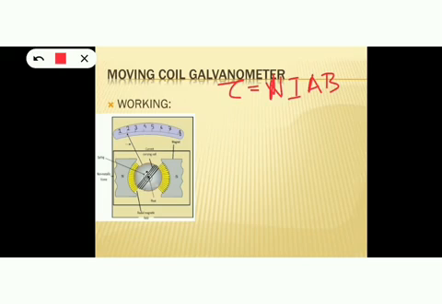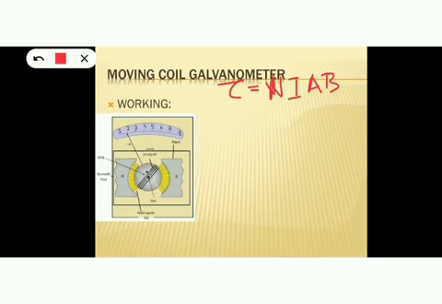Next, whenever current flows through the coil, a torque is experienced, and you know one end of the coil is attached to a spring. That spring provides a counter torque or a restoring torque that balances this magnetic torque NIAB. This torque NIAB can be considered a magnetic torque because the magnetic field is responsible for that torque.